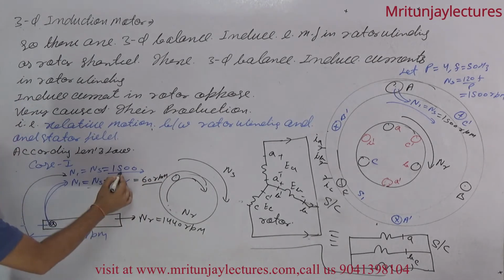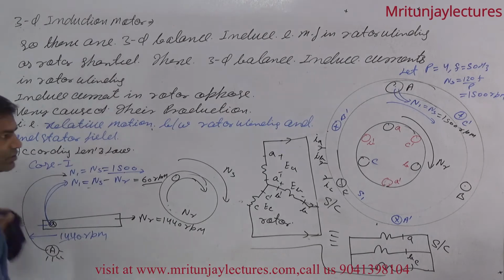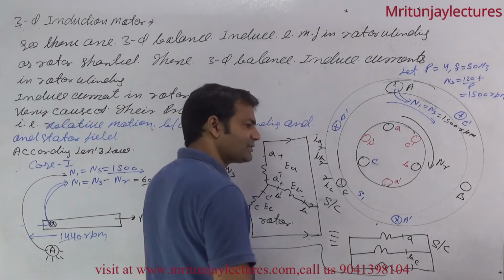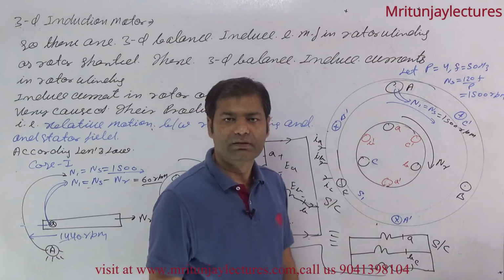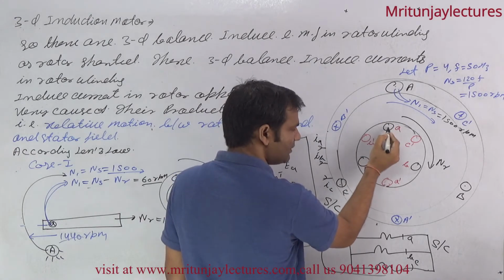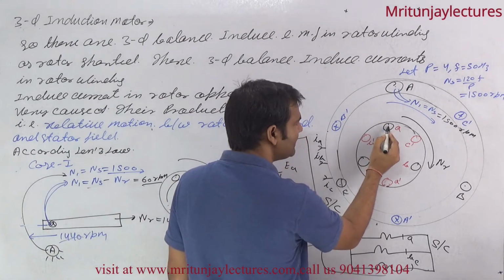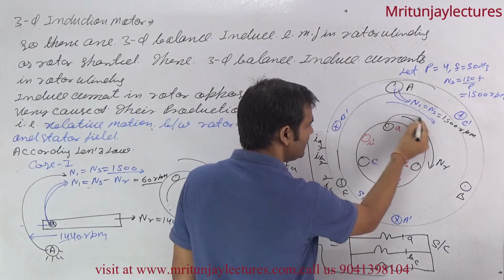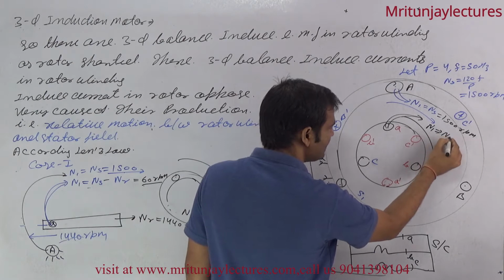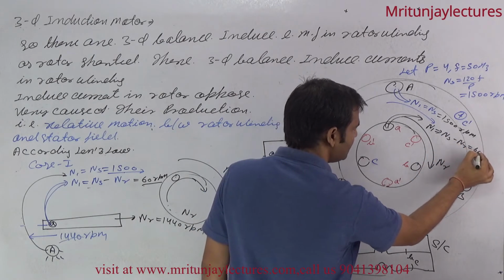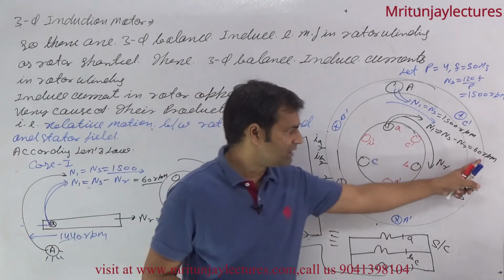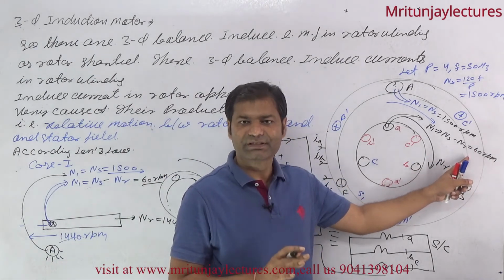This speed is less than the other one. If the rotor rotates in the direction of the stator field and you sit on the rotor winding and see the field speed N1, it looks like Ns minus Nr. This is the relative speed, and this speed decreases.